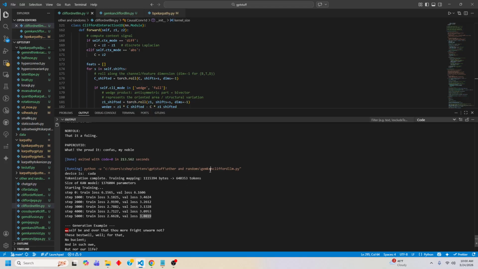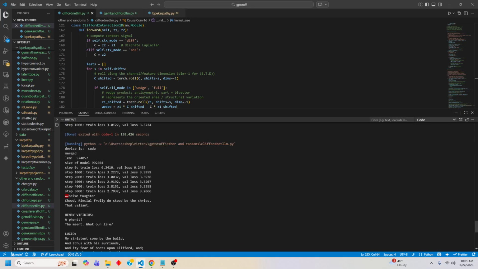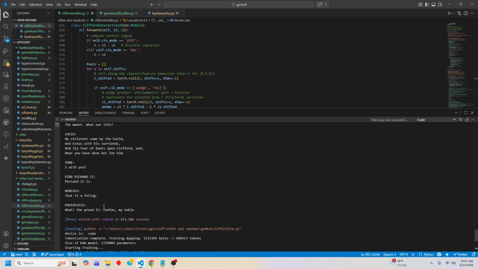So you can use the Kolmogorov-Arnold network in here. I will say I don't think it looks as good. The words are mostly real words, it looks like. I'm also not sure on some of these words; they might be Old English, not a clue. But I did think the regular Clifford net looked more conversational.